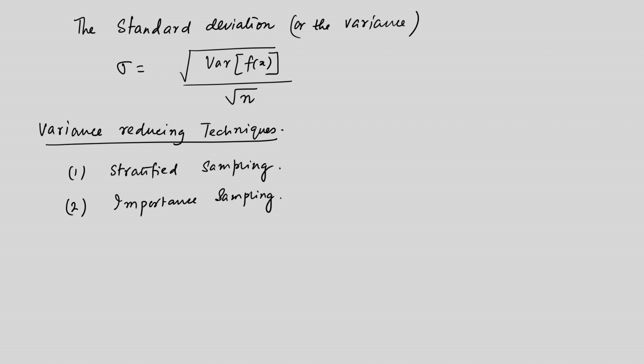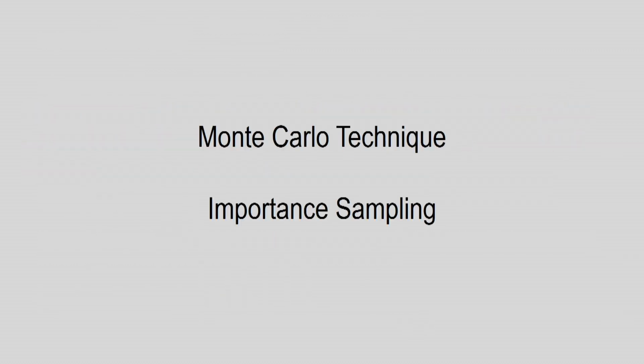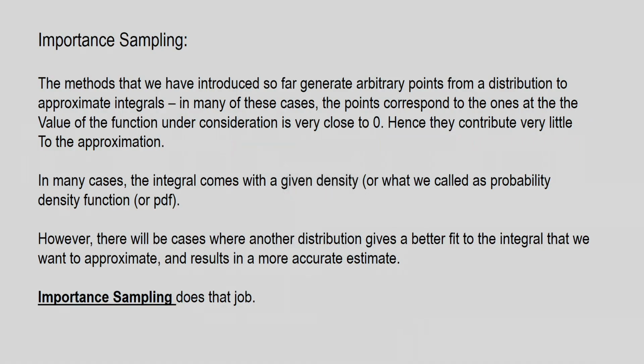In fact, importance sampling is the more important of these two, and we will discuss it a little more elaborately. But let us also look at stratified sampling and understand how it works. We will come back to importance sampling.